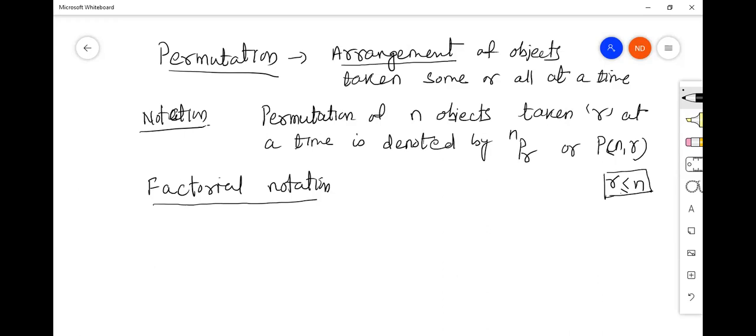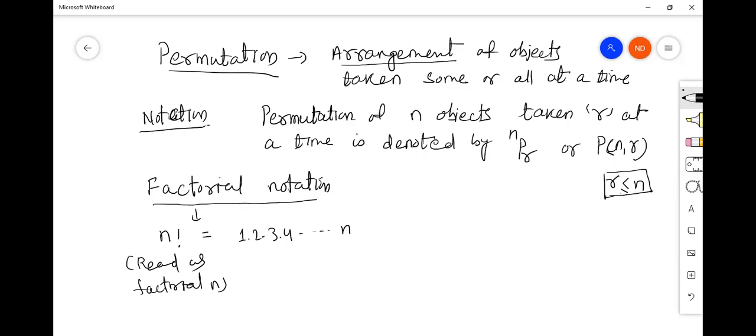Whenever we multiply consecutive numbers, we define n factorial, written like this and read as factorial n. So n factorial is 1 into 2 into 3 into 4 up to n.